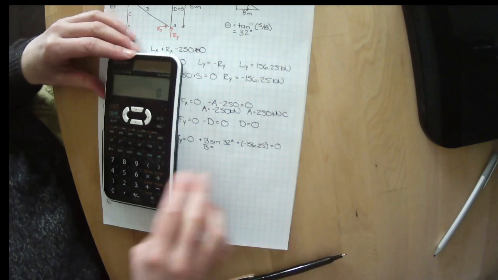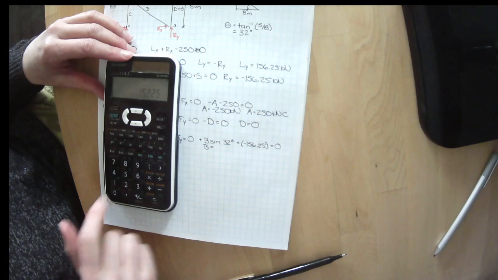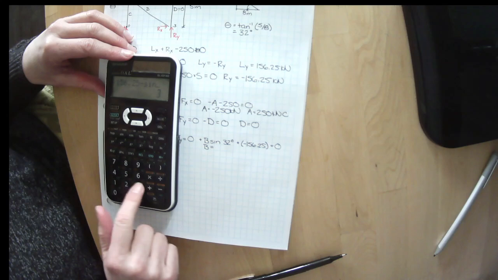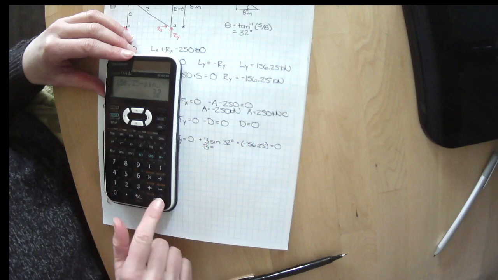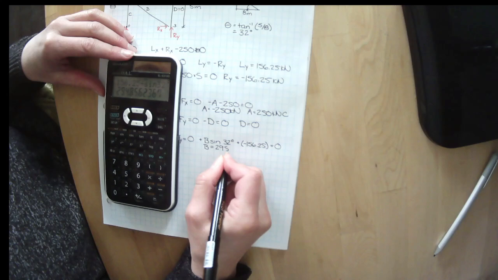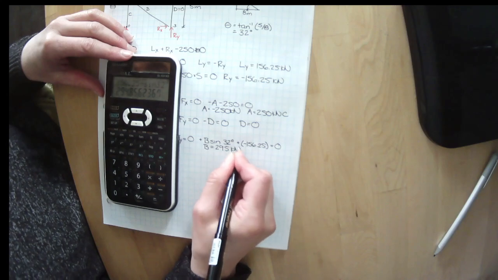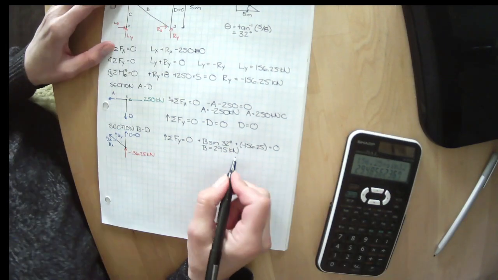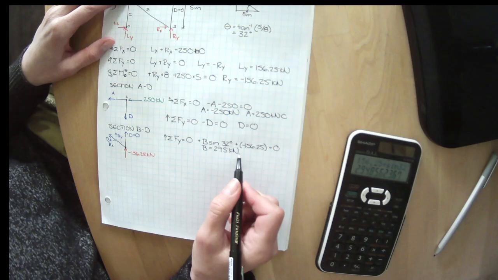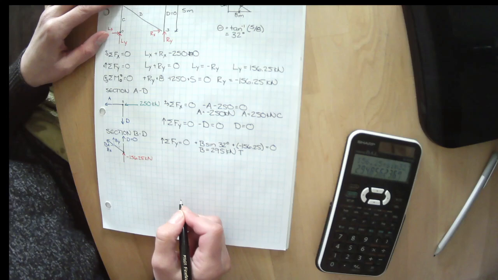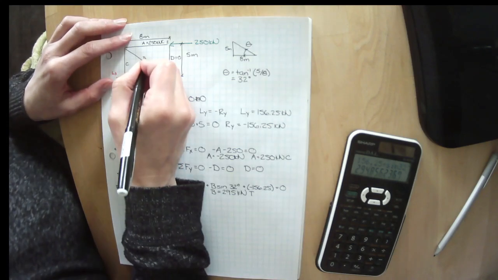We bring this over, and it's 156.25 divided by the sine of 32. And we get B equals 295 kilonewtons. It's a positive number, and I always assume that everything is in tension, and a positive number means I assumed right. That means B is 295 kilonewtons in tension.